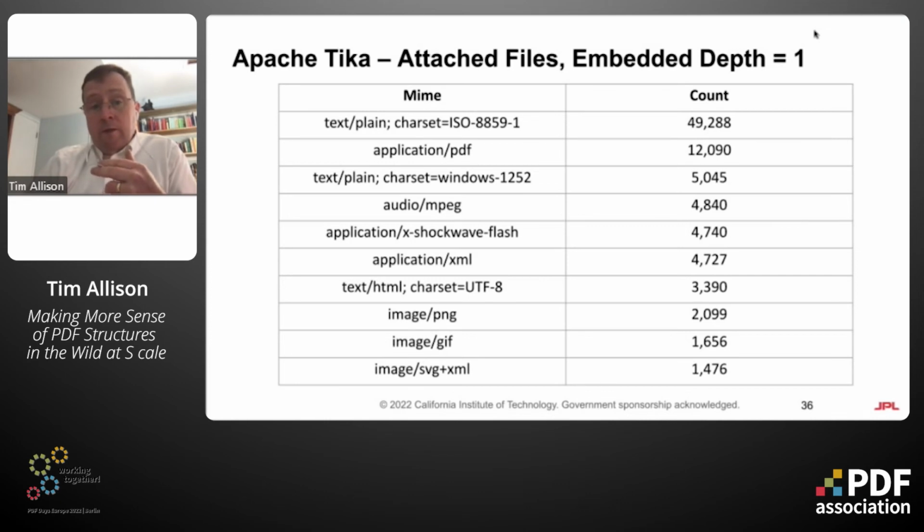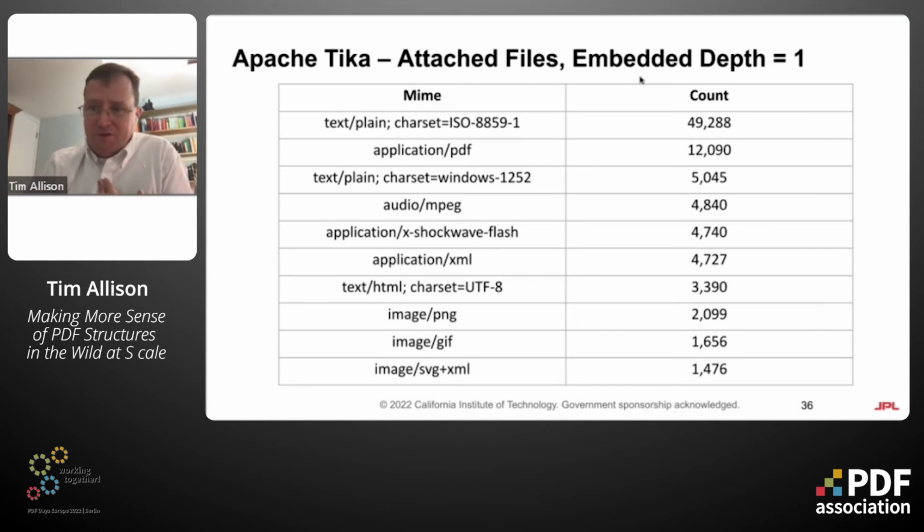Now, with other settings of Tika, we can pull out some of that information about embedded fonts and about XMP and ICC and those other things, and JavaScript, which I didn't run on this run. But for this particular run, this was more like human embedded attached files. So within 8 million files, we found roughly 50,000 text files.